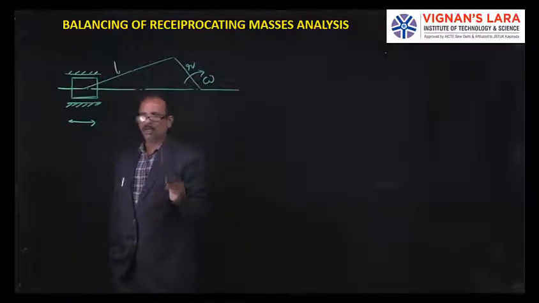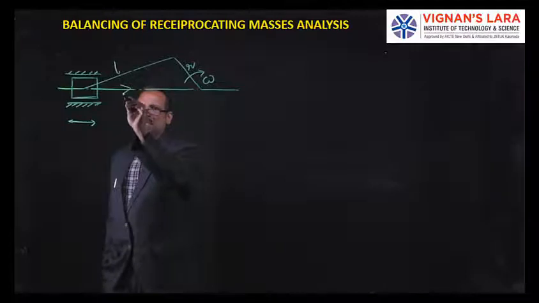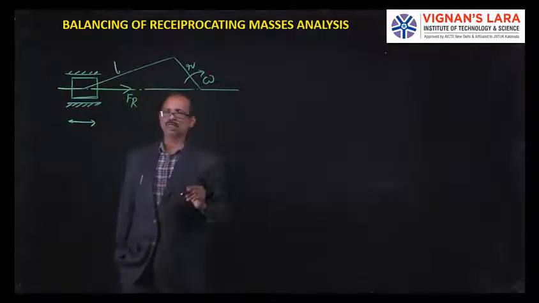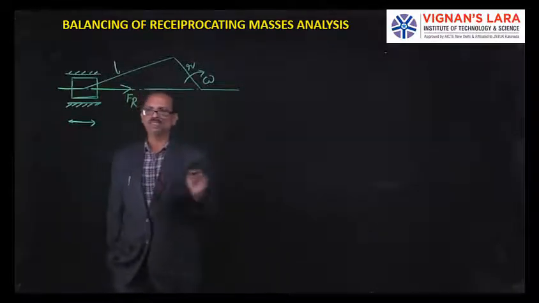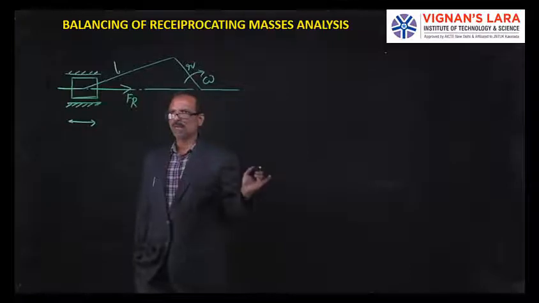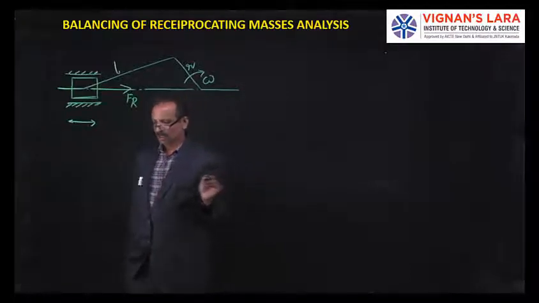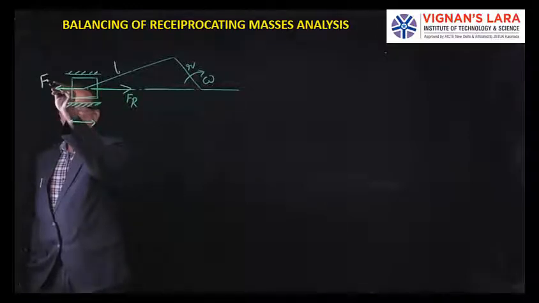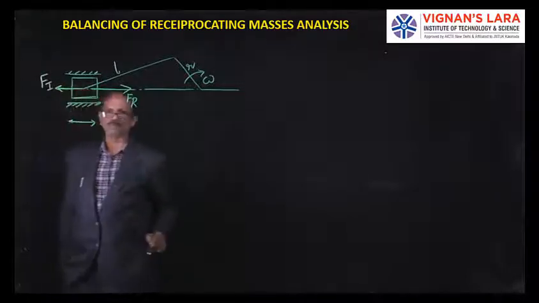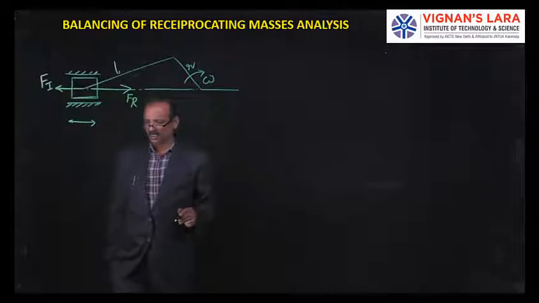To provide this type of motion, we need a force which is called Fr. That is the force required to move the reciprocating parts. This is against the inertia force Fi. So Fi is the inertia force.